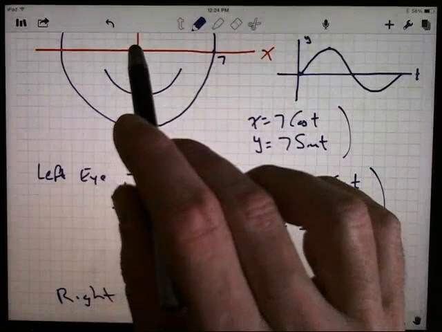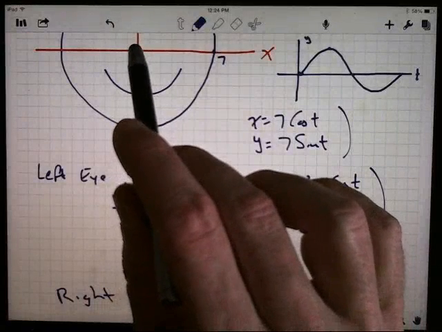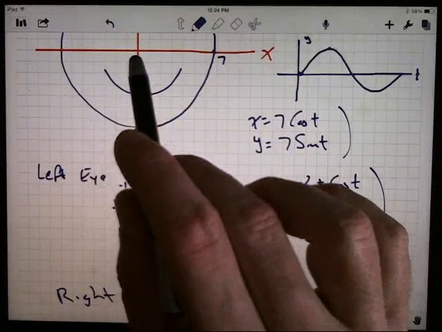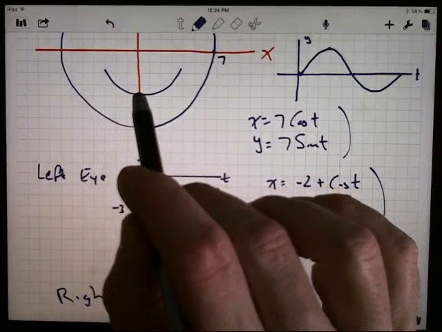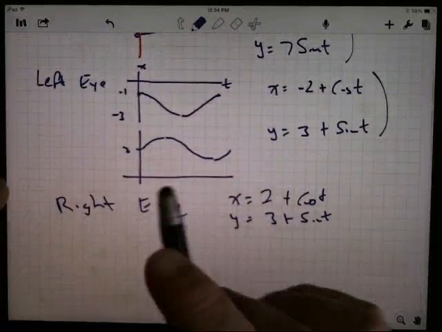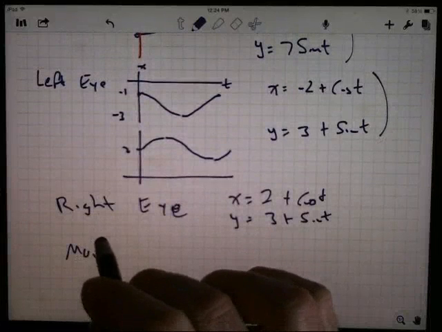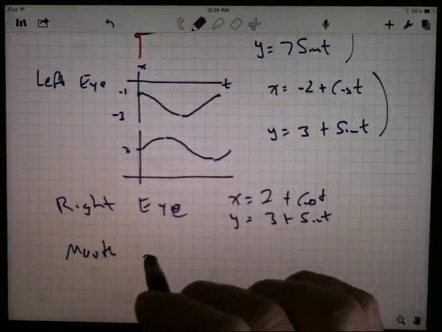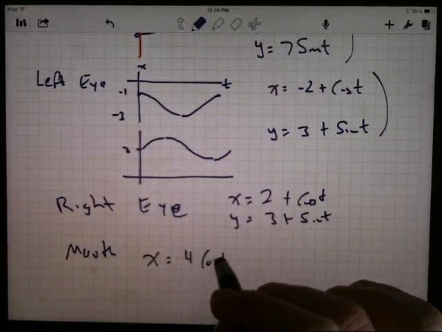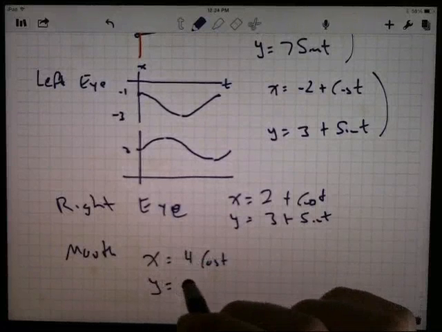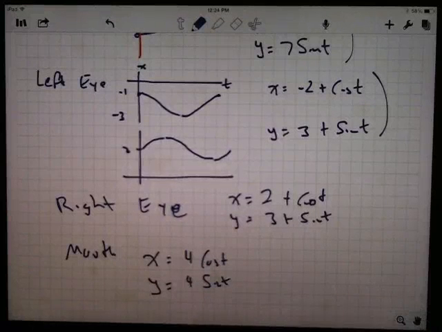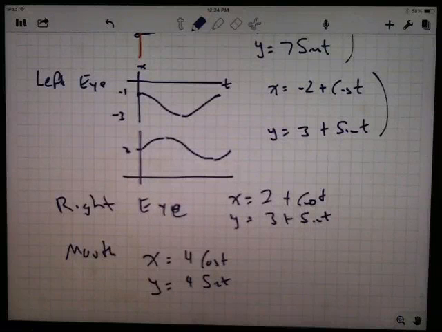Well, the smile looks like just part of a circle, maybe centered at the origin. Radius 1, 2, 3, 4. Well, if I've got the mouth here, it looks to me like it's going to be x equals 4 cos t, y equals 4 sine t. Right? Let's see if we can put that on the computer and see what it looks like.